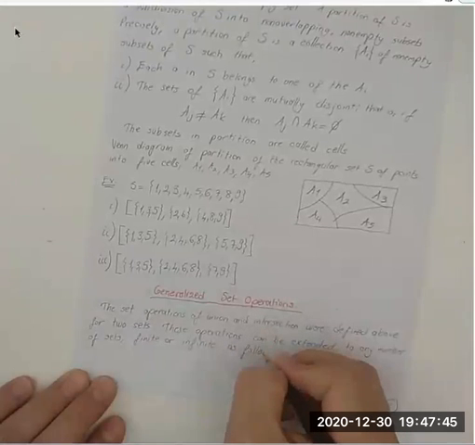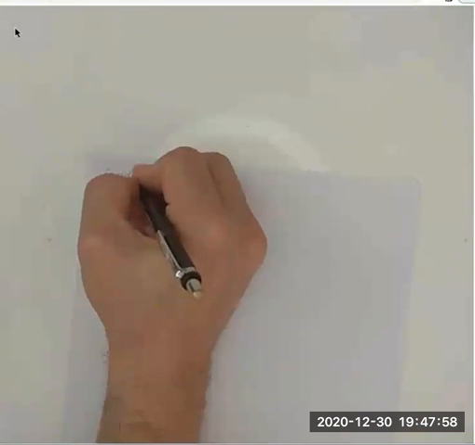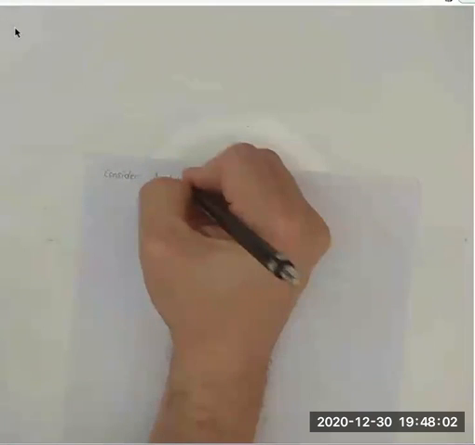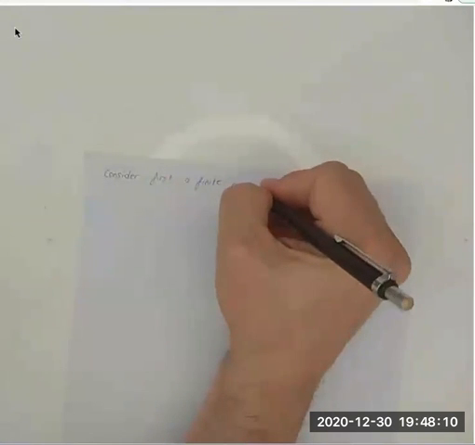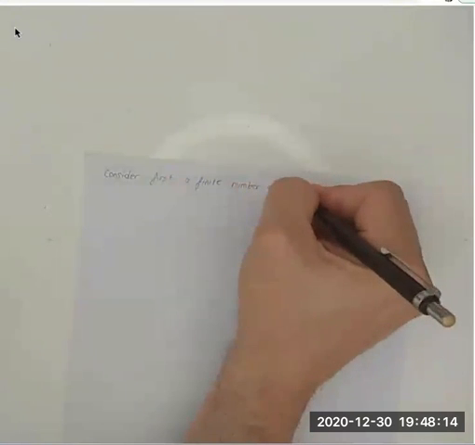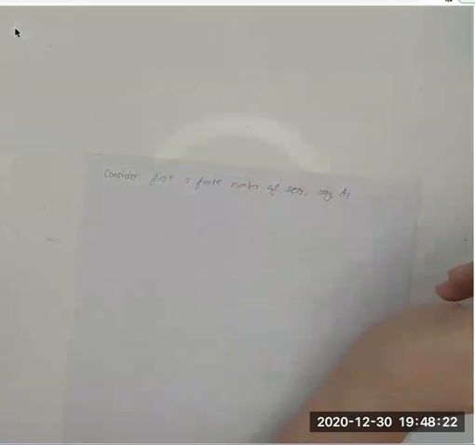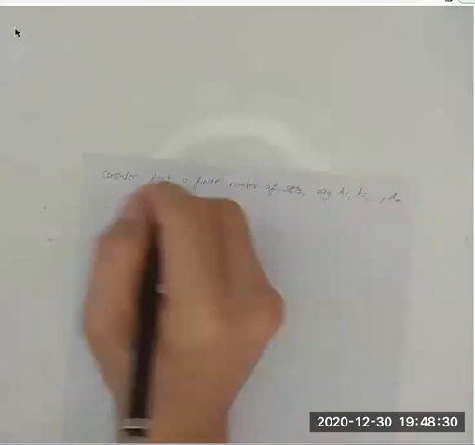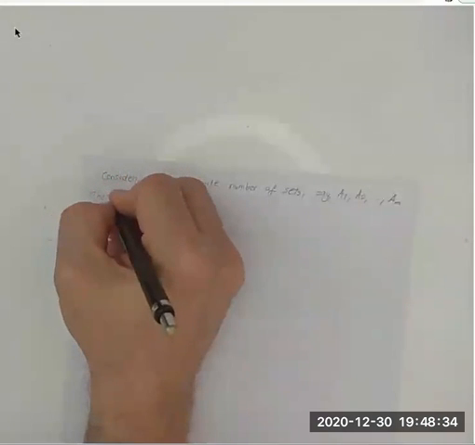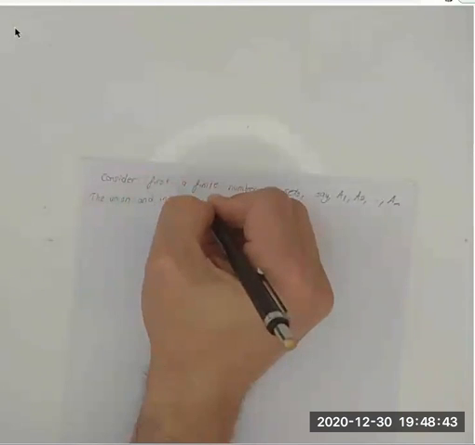The union and intersection of these sets are denoted and defined respectively like that: A1 union A2 union and so on union AM is equal to the union of AI, I starting from 1 to M.